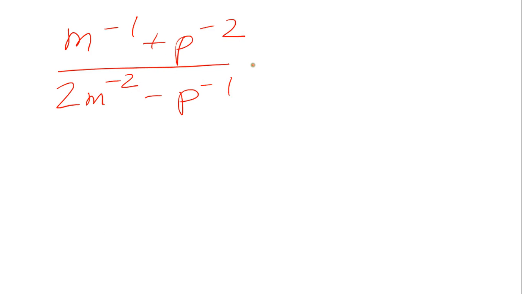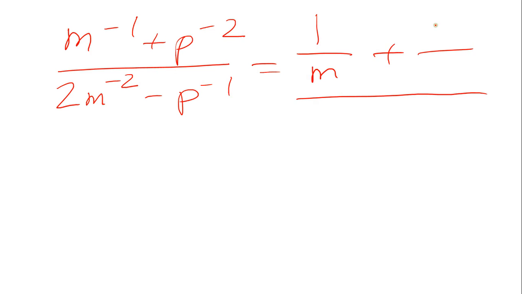So basically, when you rewrite this, write it as a fraction. So it's going to be 1 over m plus p squared, 1 over p squared.